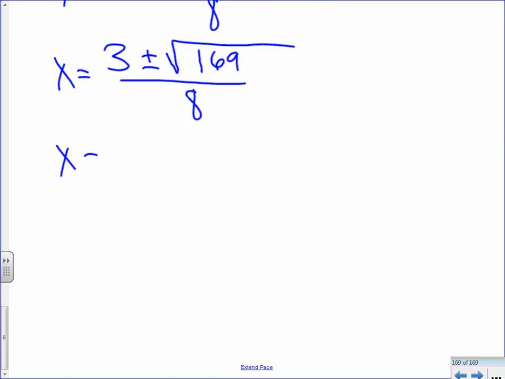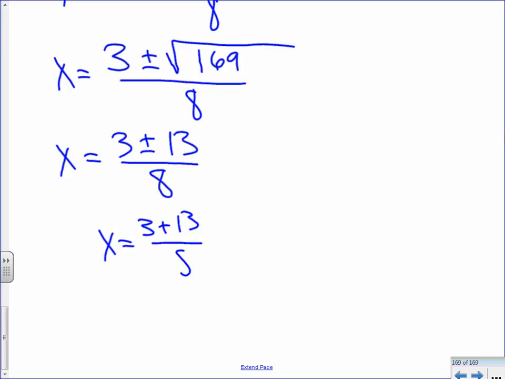So we know that the square root of 169 is 13 over 8. And now all I have to do is split this into 2 problems and evaluate both of them. So I've got x equals 3 plus 13 over 8, or x equals 3 minus 13 over 8.